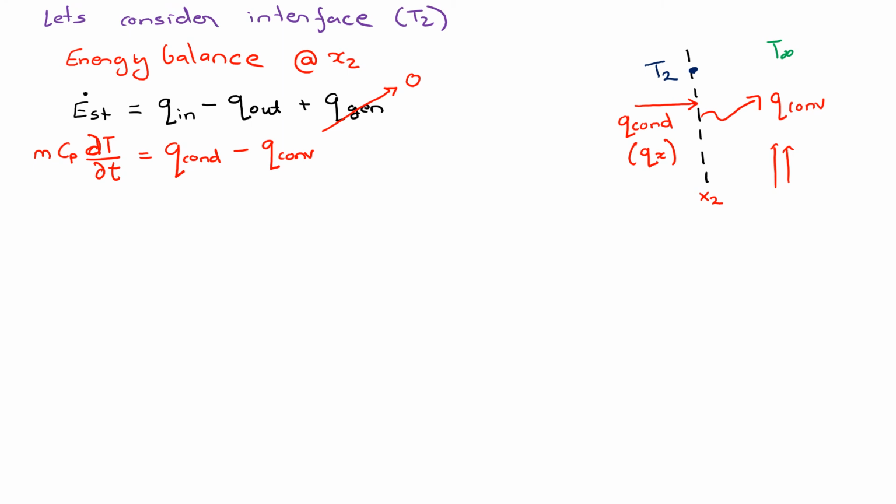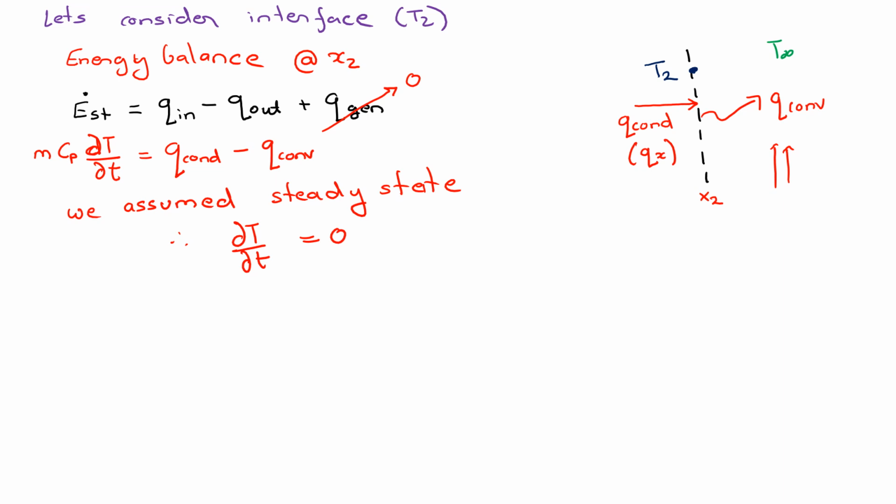But because we assumed that our problem is at steady state, your partial derivative of temperature with respect to time, del T by del t, will be 0.